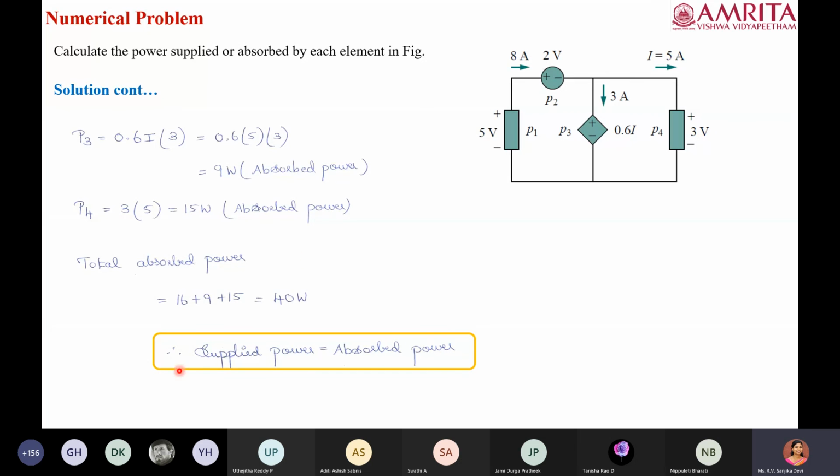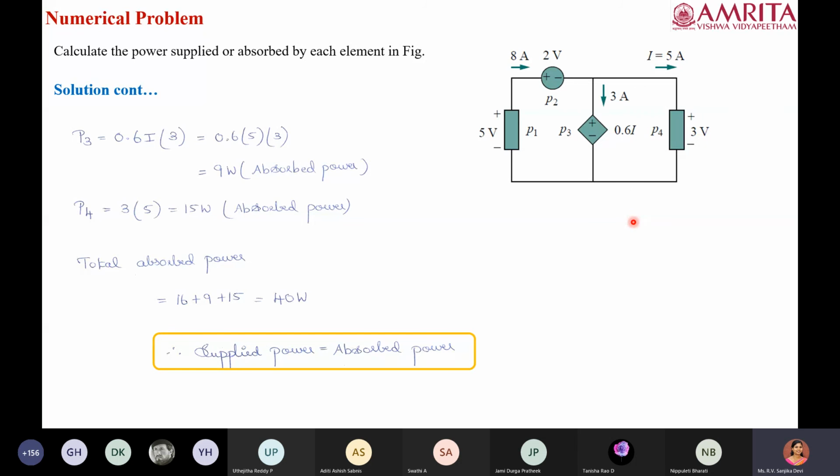As per the convention, supplied power is negative and absorbed power is positive. So either you can do it this way, or you can sum up the total power, and that will come to 0. There is always a balance between the power supplied and the power absorbed.